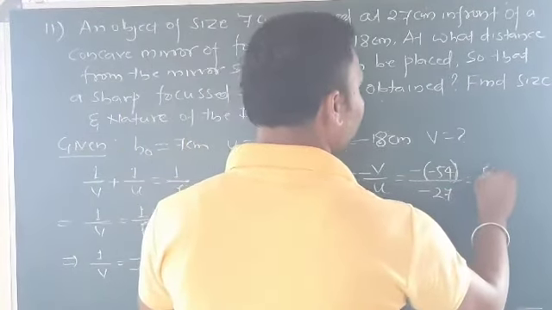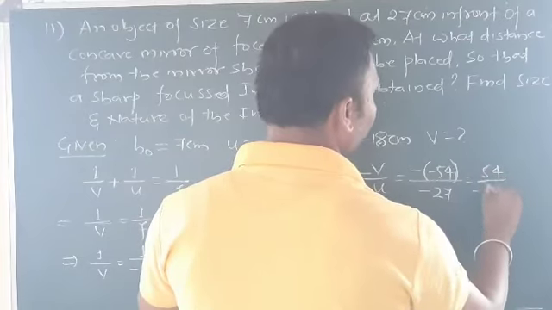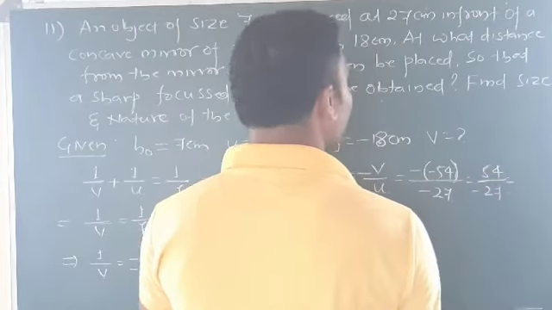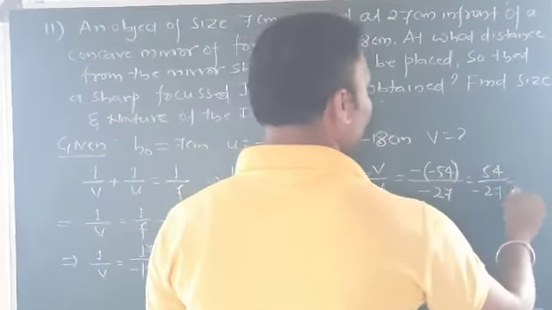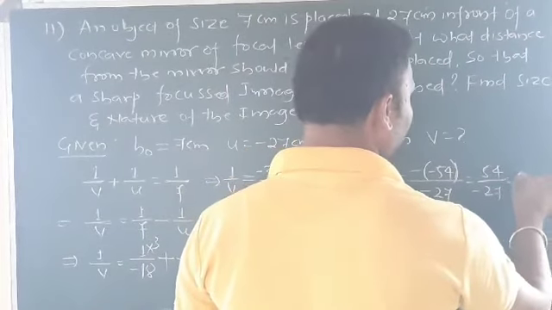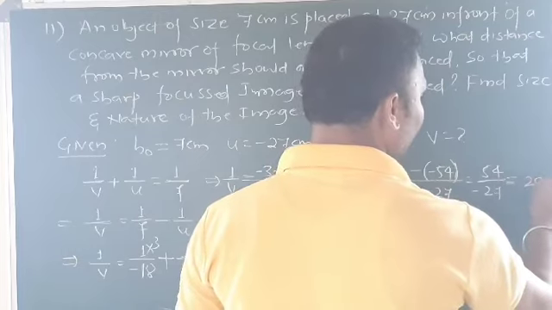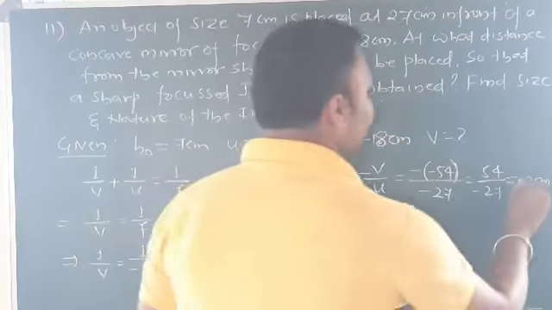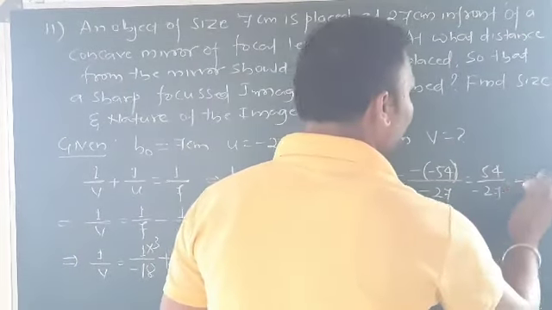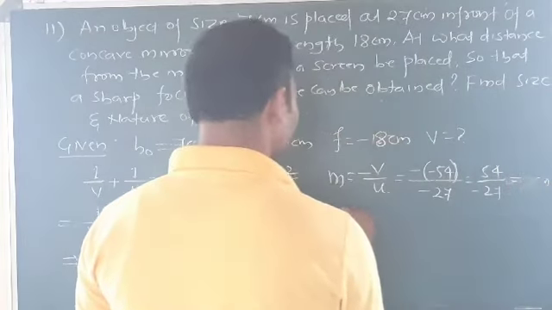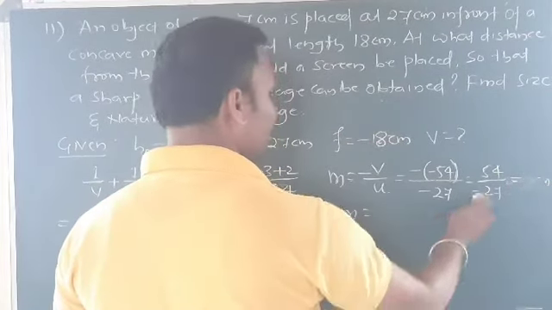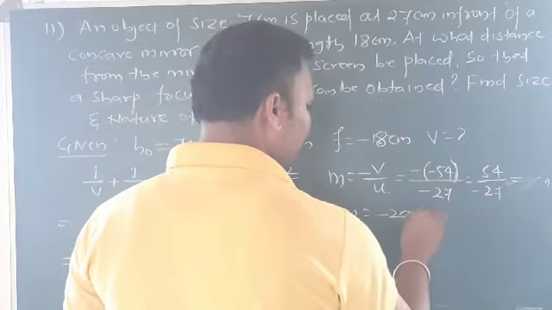So this becomes 54 by minus 27. So now 27 1s are 27, 2s are 54. So m is equal to minus 2 centimeter.